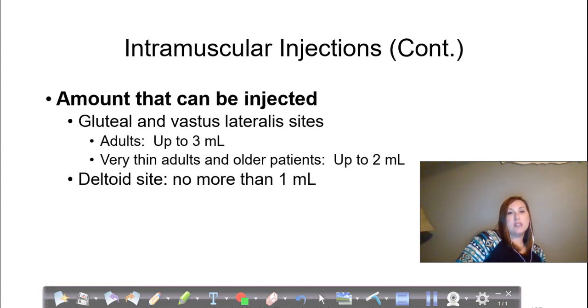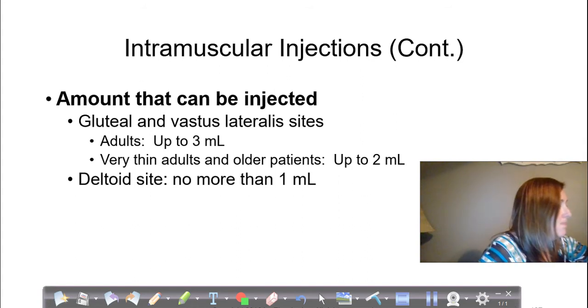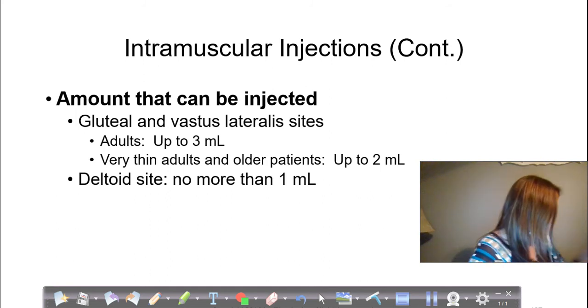So for the IM injections, that's the amount that can be injected. The gluteal and vastus lateralis sites, you can inject up to 3 mLs, and on very thin adults and older patients, up to 2. Your deltoid site, never more than 1 ml. So that gluteal site is going to be the dorsal gluteal site. On page 655, I supplemented that.